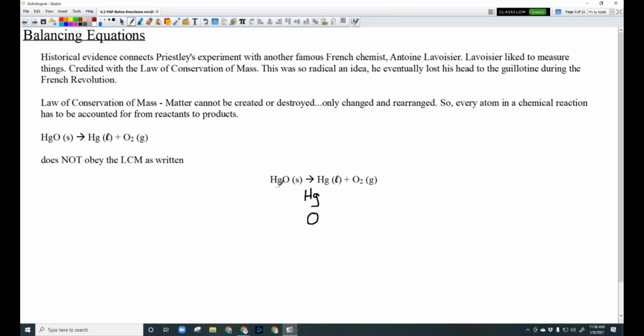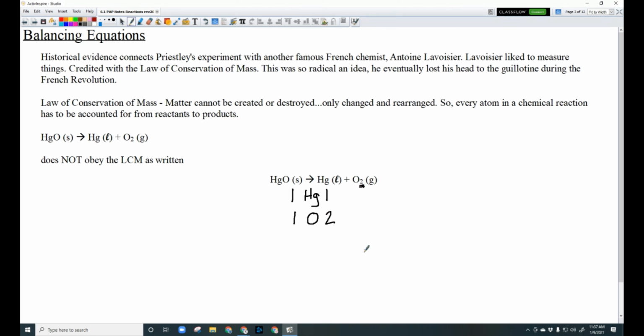So let's just look at the mercury. On the reactant side of this equation, we have 1 atom of mercury. If we go over here to this side, we have 1 atom of mercury. So those are balanced. That's okay. Now let's go to the oxygen. If we look on this side, the reactant side, we see here that we have 1 atom of oxygen. And on this side, we have 2.